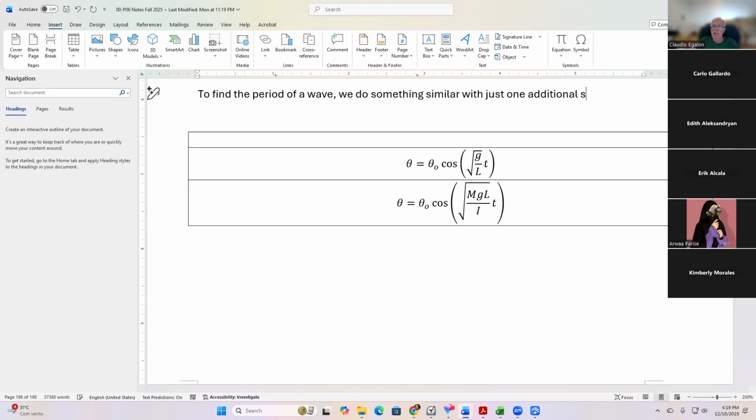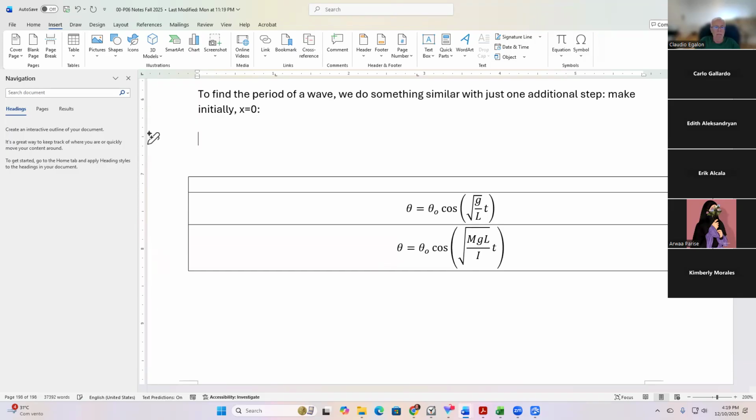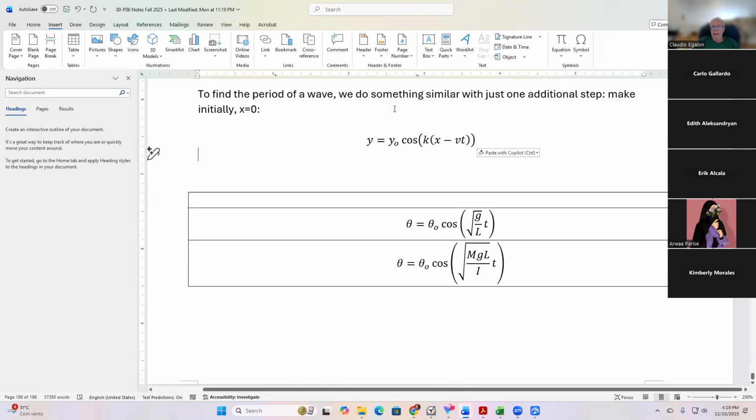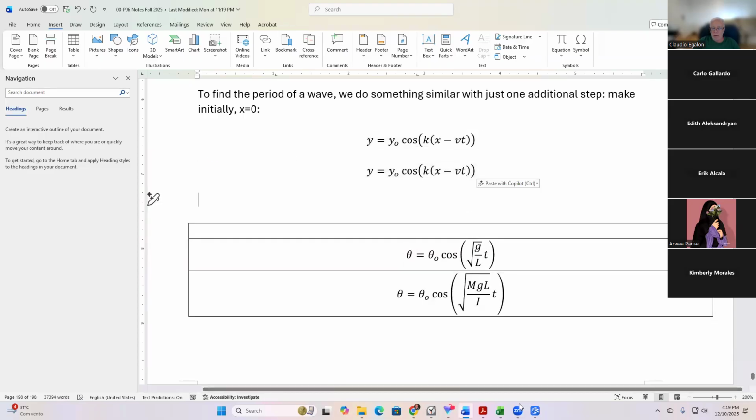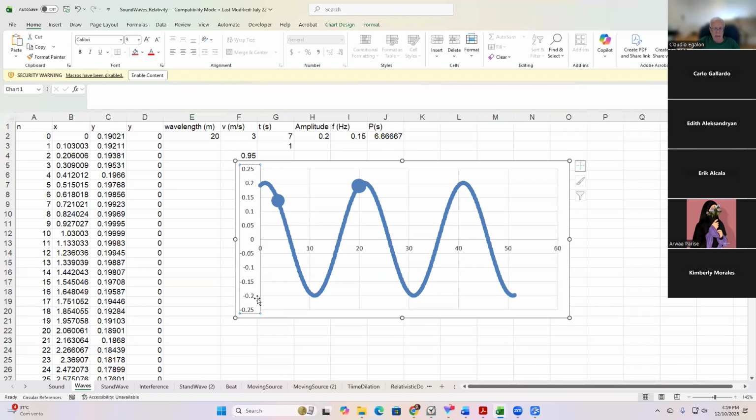And the additional step is what? Make x initially equal to 0. Because, don't forget, we are taking a full period of oscillation, so we can choose this point here in our diagram. We could have chosen it elsewhere too, but it would be more difficult to do the math.